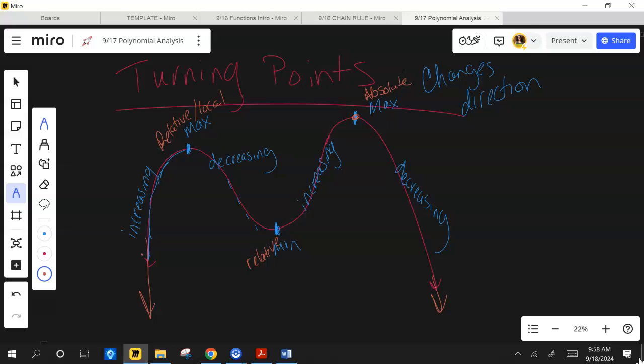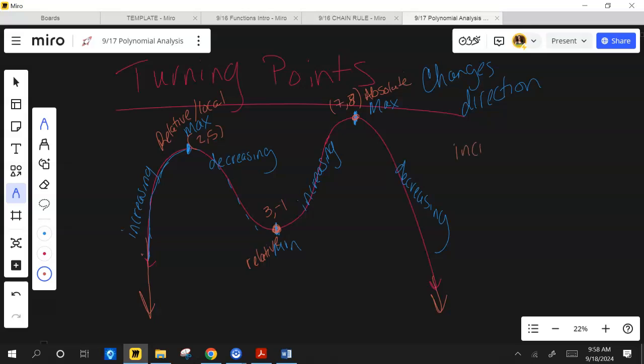So let me just give it some random values. Let's say this was 2, 5. Let's say this was, let's see, 3, -1. And let's say that this point is 7, 7. Let's make it 7, 8. All right. I can describe these intervals using interval notation.